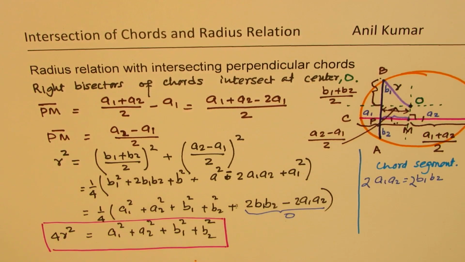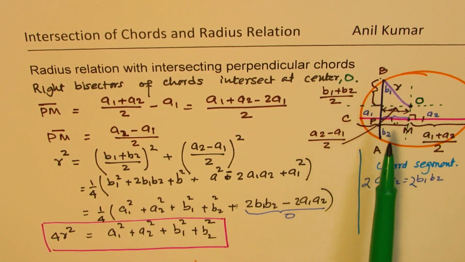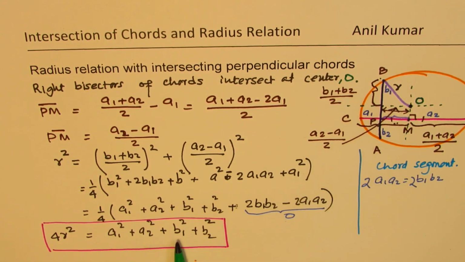So that is how we can actually find the radius. Is that clear to you? Correct? So now we know each chord length, which is a1, a2, b1, b2, their squares, when you add them up, will be 4 times radius square. Now that is the formula which was required, and I hope the derivation is perfectly fine.